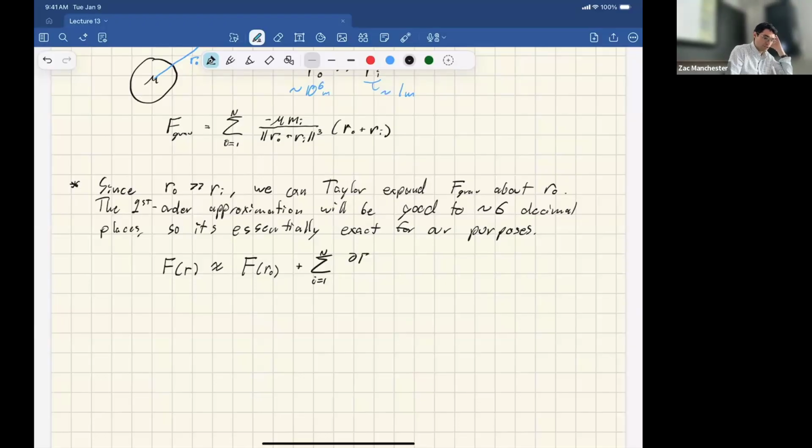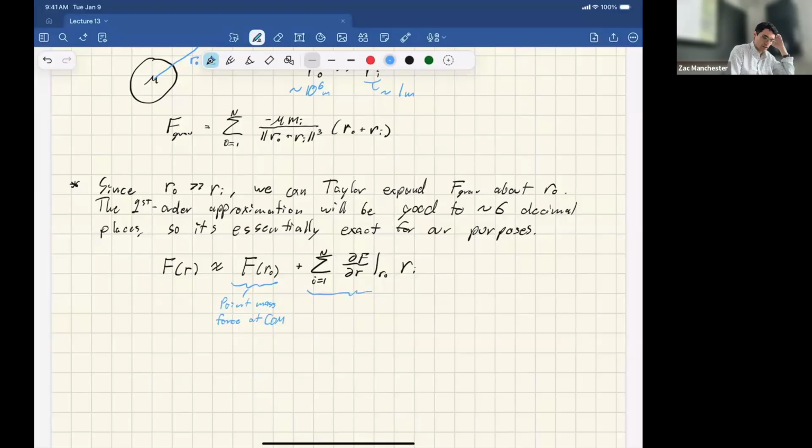I'm just going to take the Jacobian df dr evaluated at r naught times the r_i's. All right, so this is the nominal point mass force at center of mass.